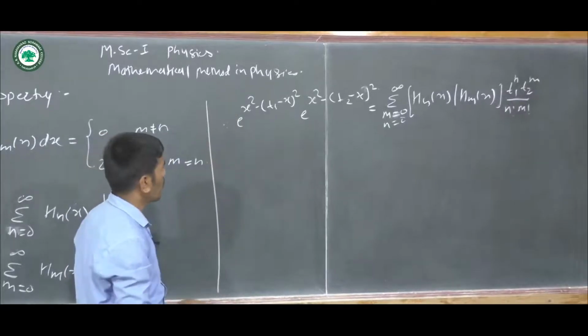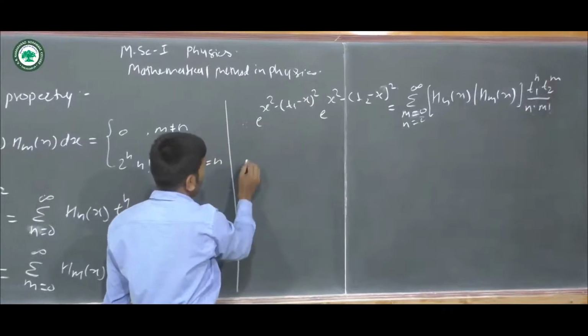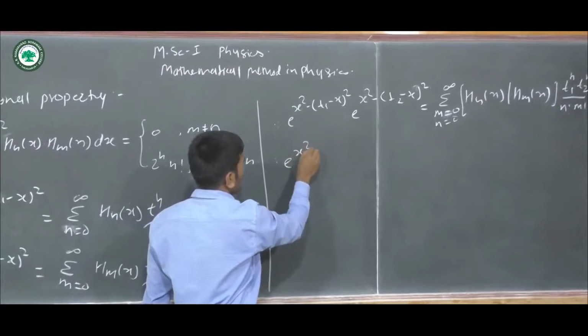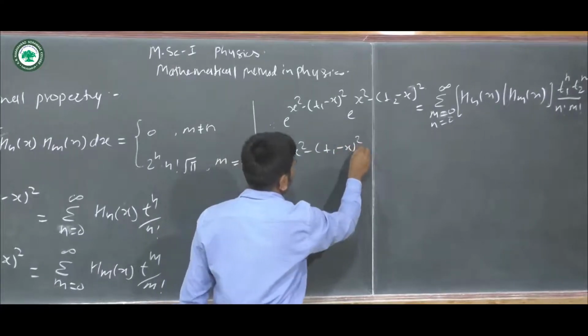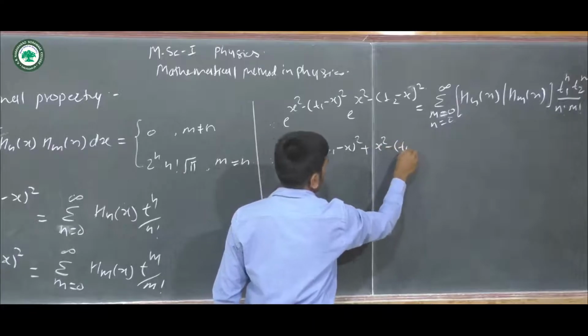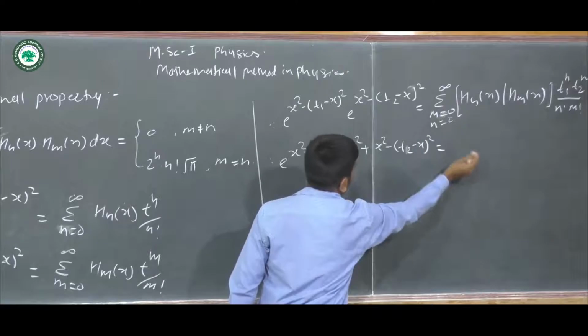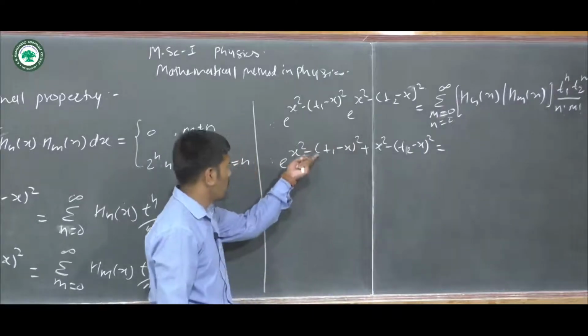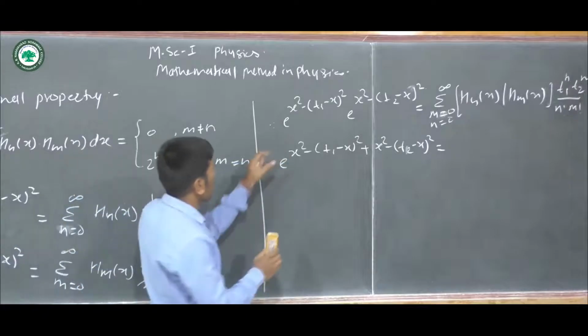Here, if we think about the power expansion, that is e raised to x square minus (t1 minus x) square plus x square minus (t2 minus x) square, we try to solve this power of e.